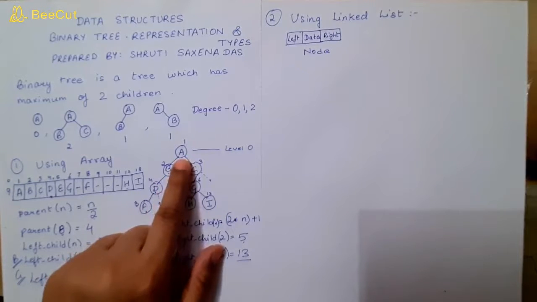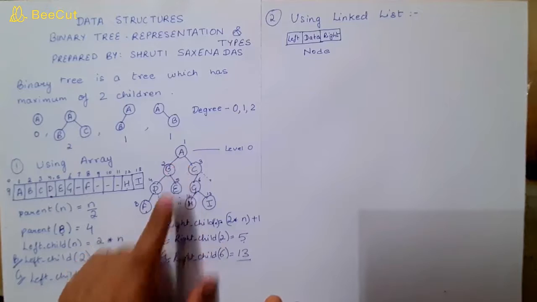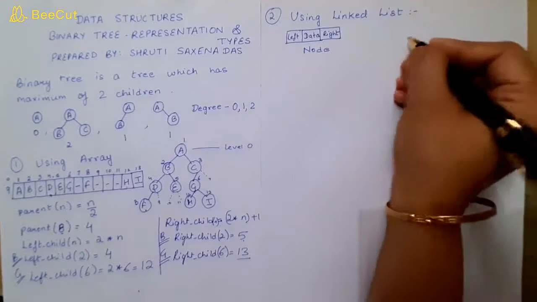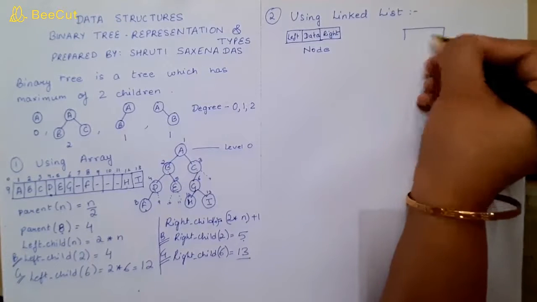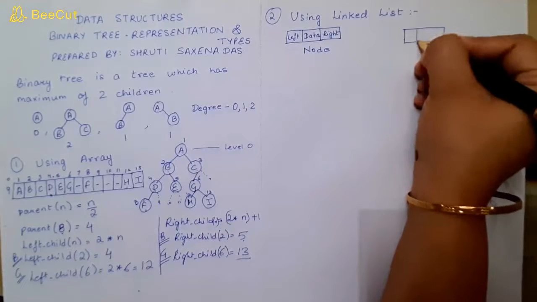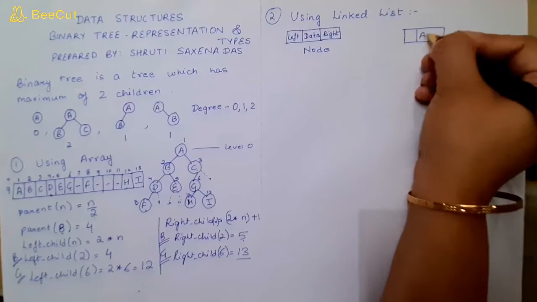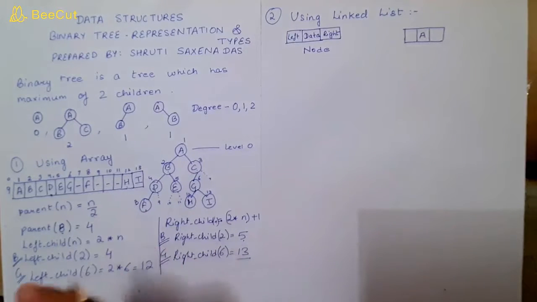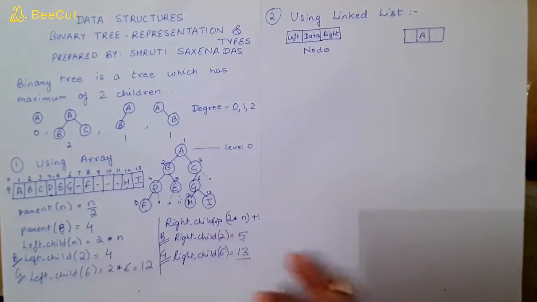See, A is the root node, so to represent it we have to create a node like this. So data is A. If you are using 1 2 3 4, then you have to take int. If you are taking A B C D, you have to take char as the data type for the data field.